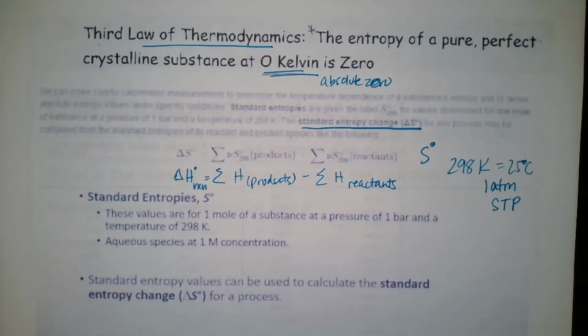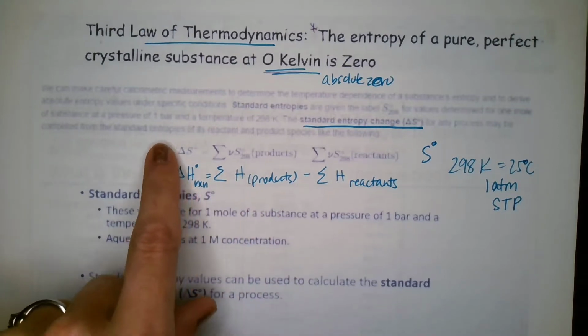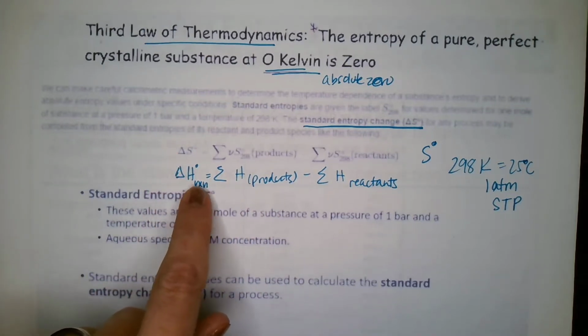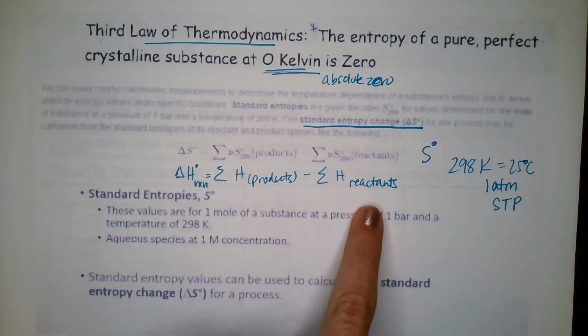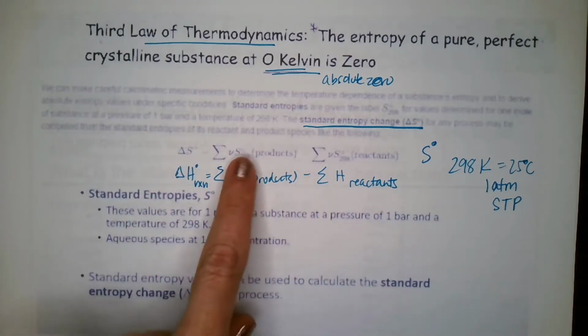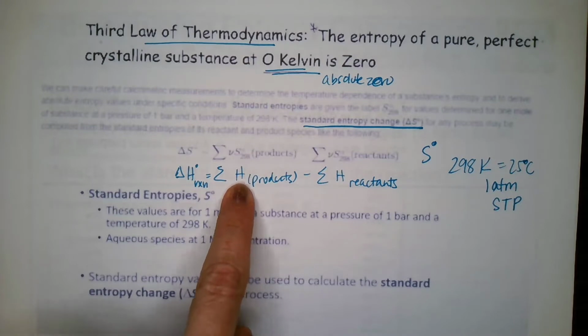Remember that when we are calculating the delta H, the enthalpy of the reaction, or the entropy of the reaction, and we are doing products minus reactants, it's the sum of those products, and it is coefficient dependent when we calculate those values.